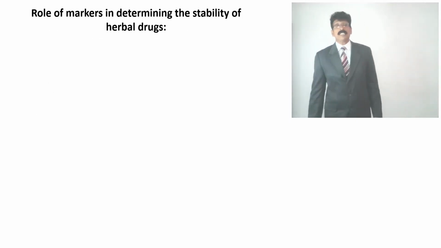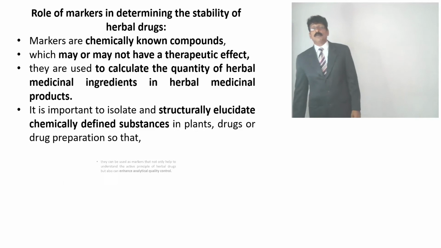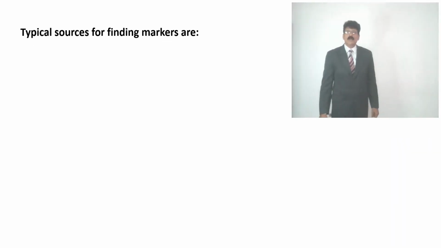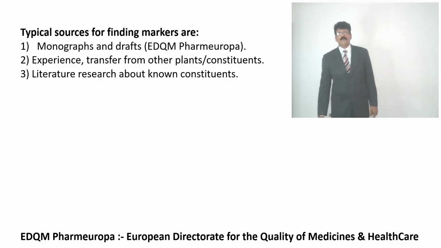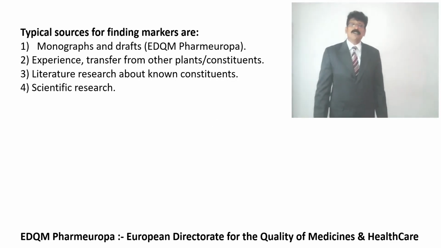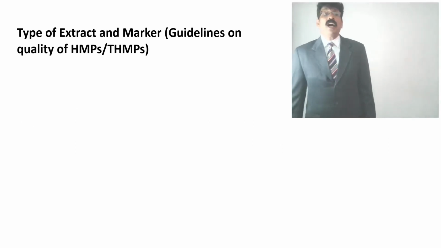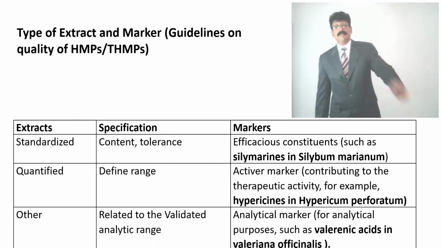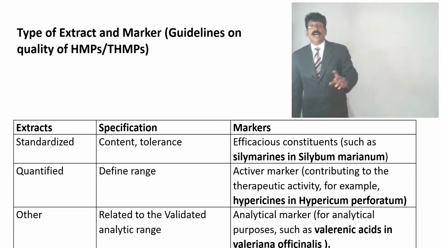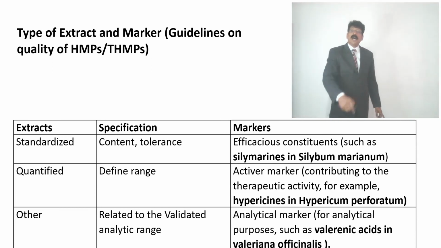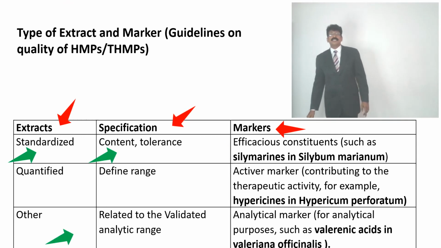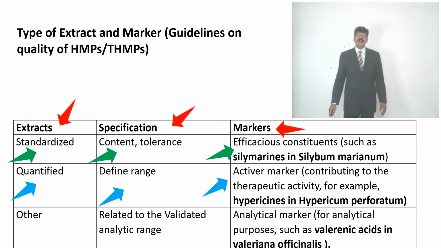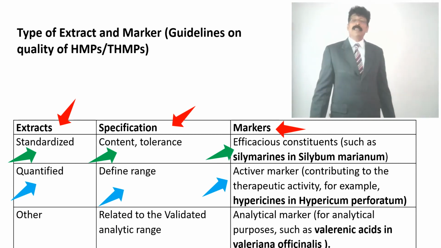We discussed the role of markers: what a marker is, what its role is, how to select a marker, and what a monograph is. From there we saw where to find markers to select for our stability study, and the guidelines given for standardized, quantified, and other extracts. We saw the details of the plant Silybum marianum, an example given for standardized extracts. For quantified extracts, we saw the example of Hypericum perforatum.